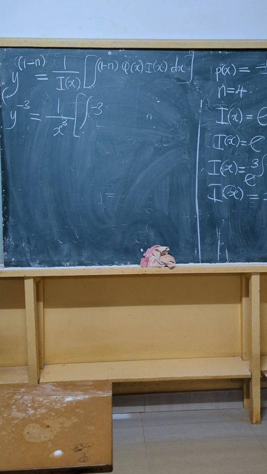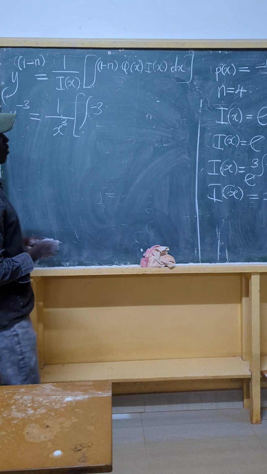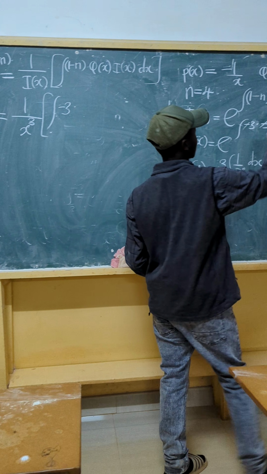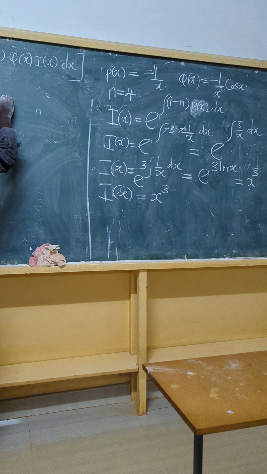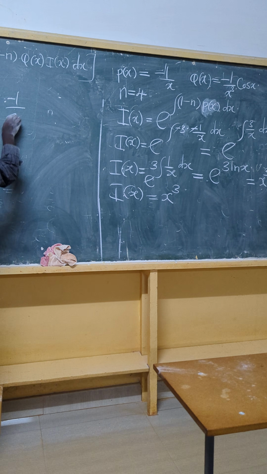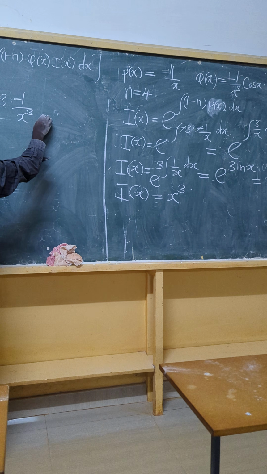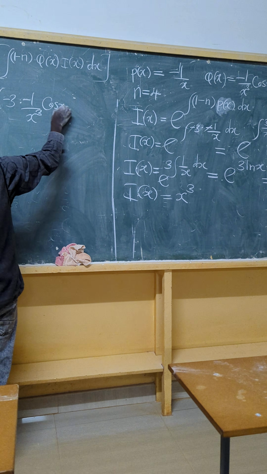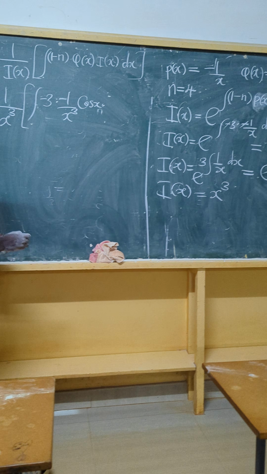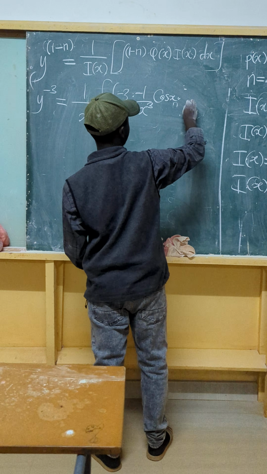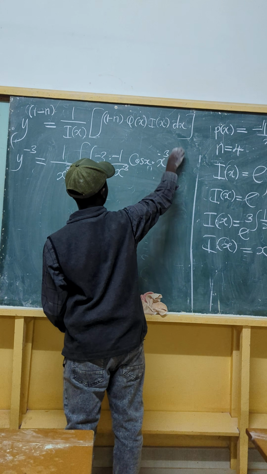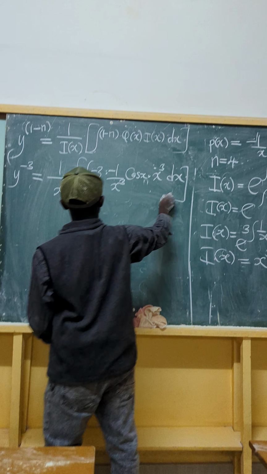Where there is q of x, remember our q of x is negative 1 over x cubed cos x, multiplied by the integrating factor I of x, x cubed, then dx.